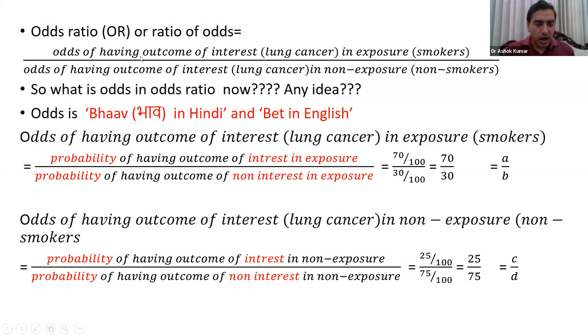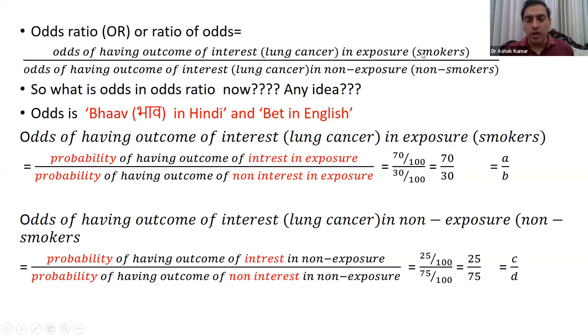Odds of having the outcome of interest, here lung cancer, in exposure, that is smokers, or diabetes mellitus, or any other event, divided by the odds of having the outcome of interest, lung cancer or any disease, in non-exposure. That means non-smokers or non-diabetes or non-hypertensive.